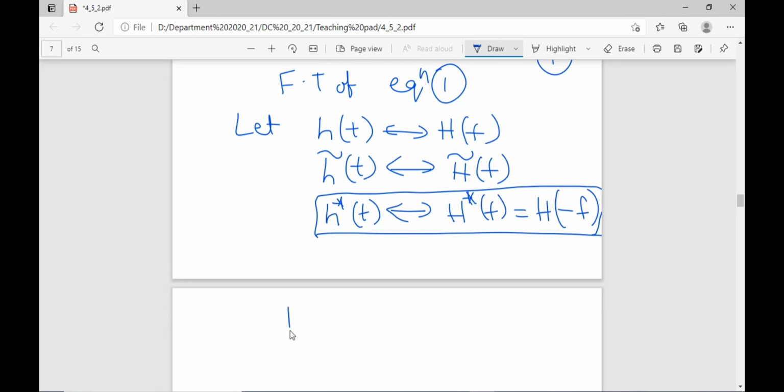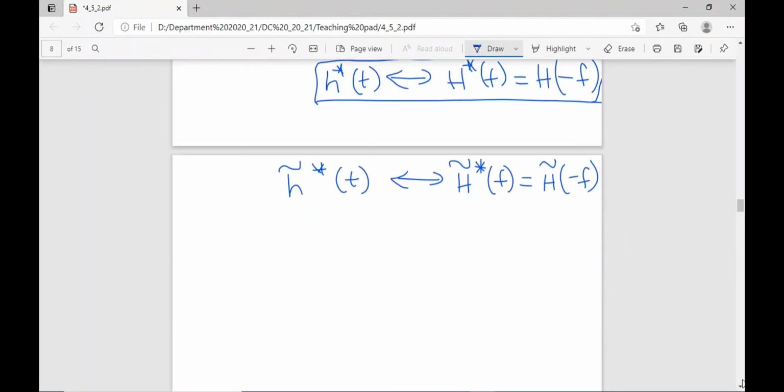In the same way, now I have h tilde star of t. What will be its transform? H tilde star of f, which is equal to h tilde of minus f. Anybody have doubts in this?